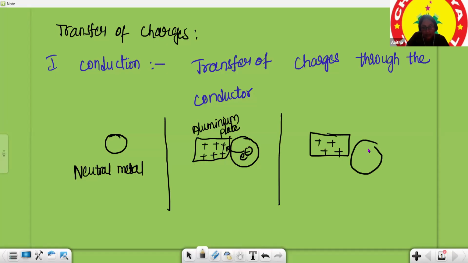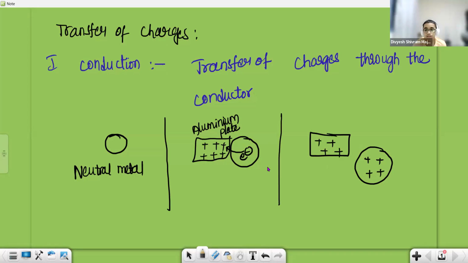And on the metal, positive charges are generated. Why, students? Because electrons have gone outside, it loses the electrons. It has plus charges in excess now compared to the electrons. So now you can see that aluminum has less excess positive charge, and the metal surface also has an excess of positive charge. Understand?